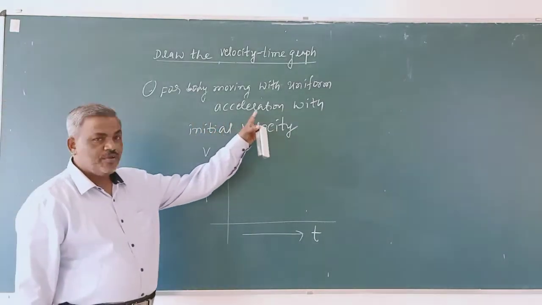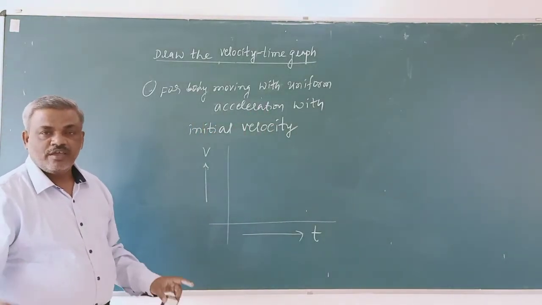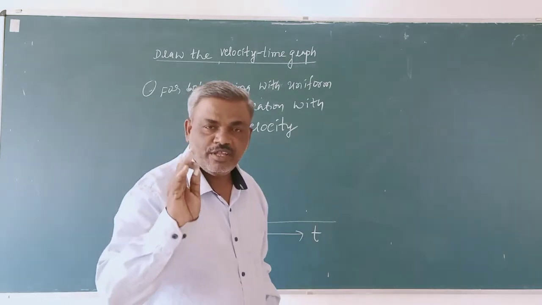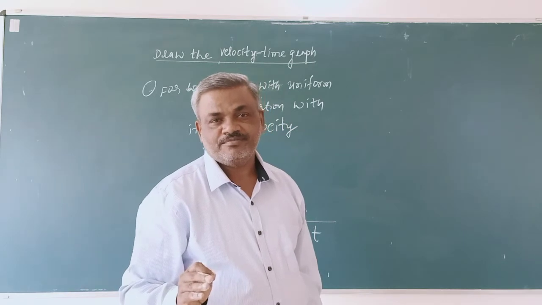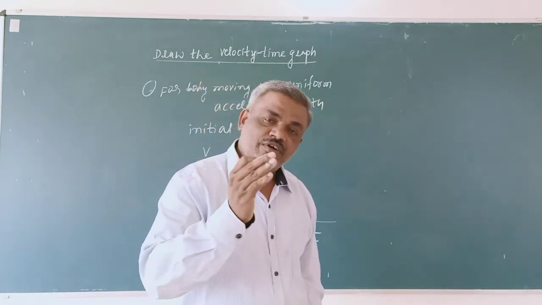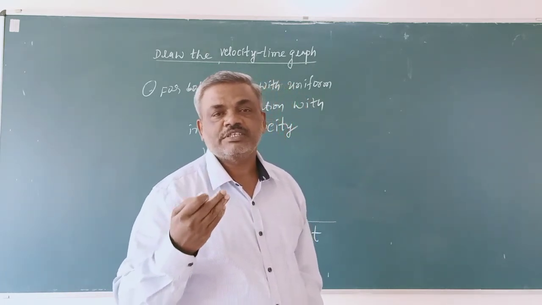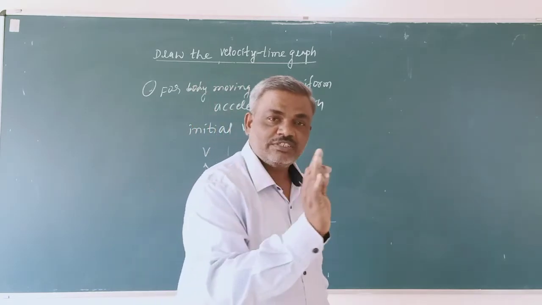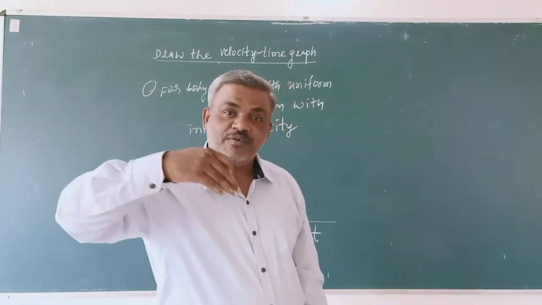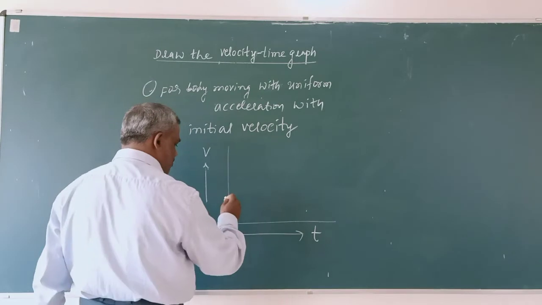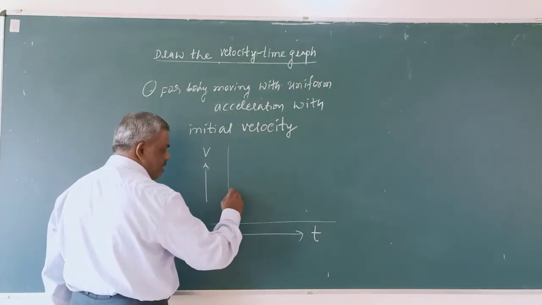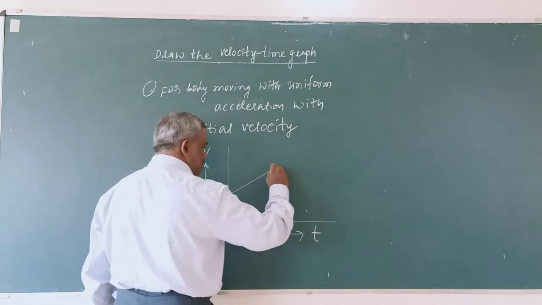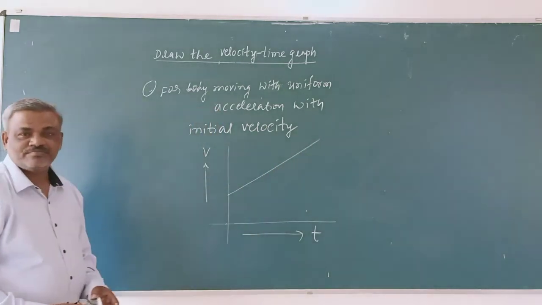For a vehicle, in the beginning it maintains an initial velocity, maybe 10 meter or 20 meter per second. So after 4 seconds, the velocity is increased. So this graph shows the beginning initial velocity. As time increases, velocity also increases.